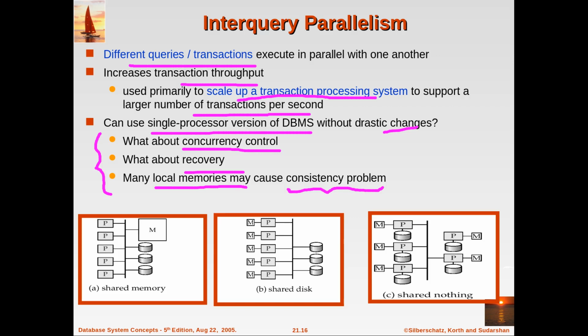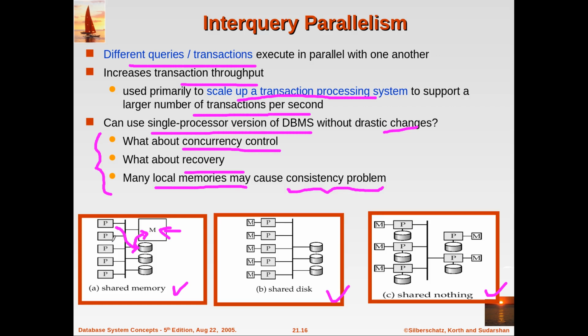Now when we look into the architectures given below, we have already mentioned the shared memory architecture, shared disk architecture, and shared nothing architecture. Shared memory means we have only one common shared memory available. If any processor wishes to get some data from the disk and process it, the data will be placed inside the shared memory, and the processor can access it.